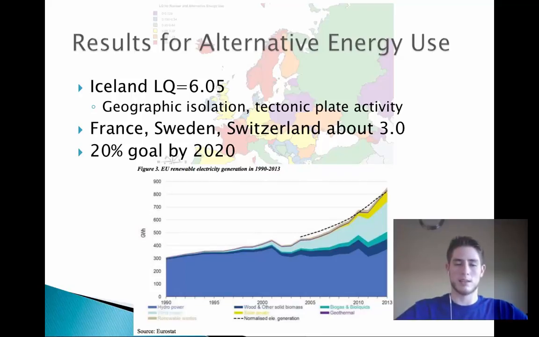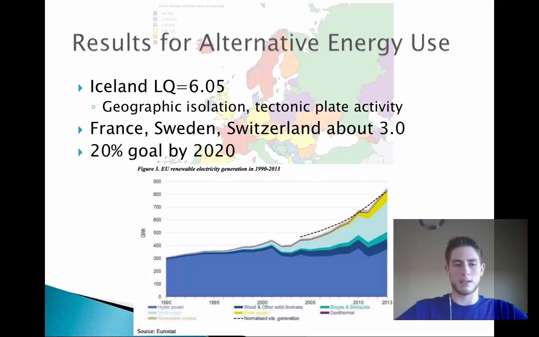It's a lot more difficult when they're so far away. And also they have a lot of tectonic plate activity, so they really use geothermal energy a lot, and it works really well for them. France, Sweden, Switzerland, all about 3.0, really leading the way in a sense.